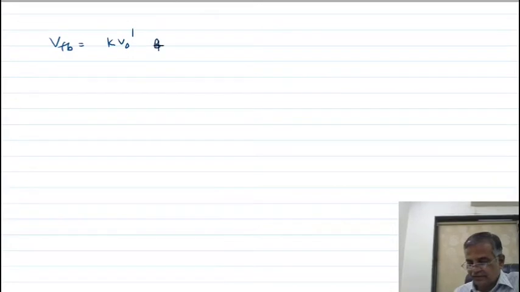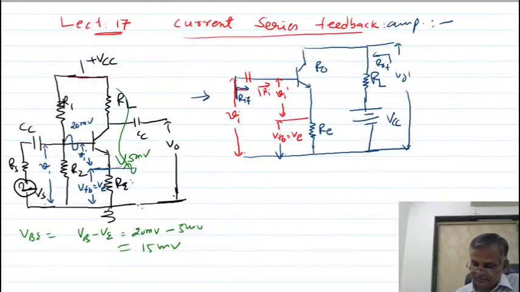But the feedback voltage we have just shown as current into resistance. See here, this current into resistor RE. So what is this current?